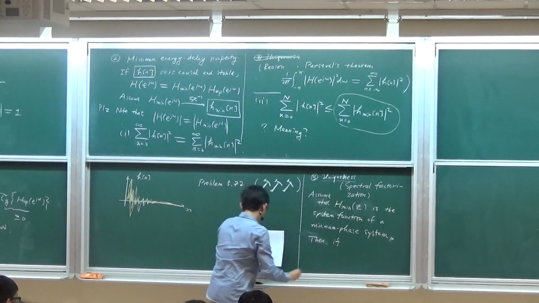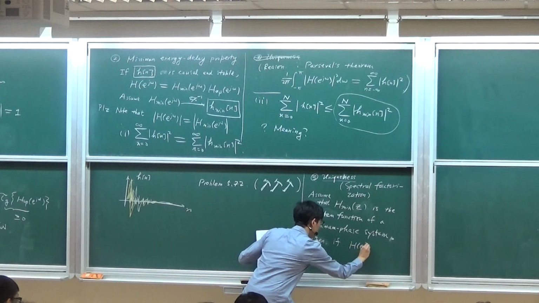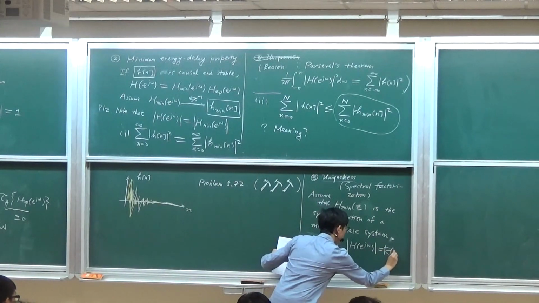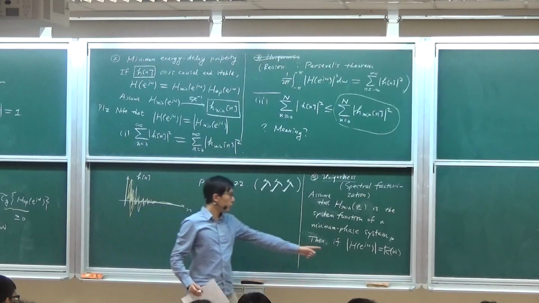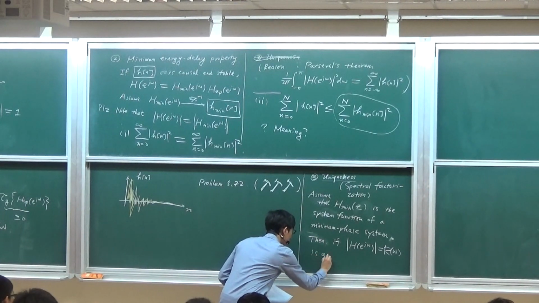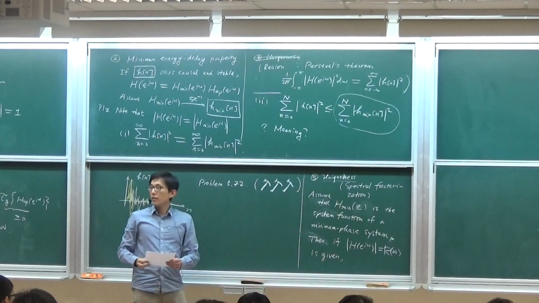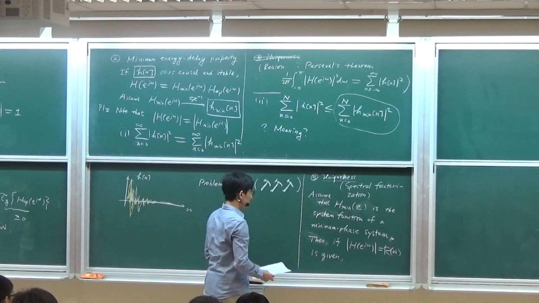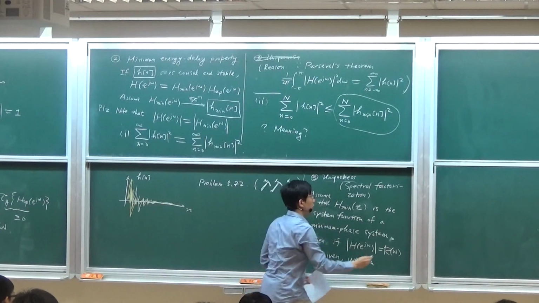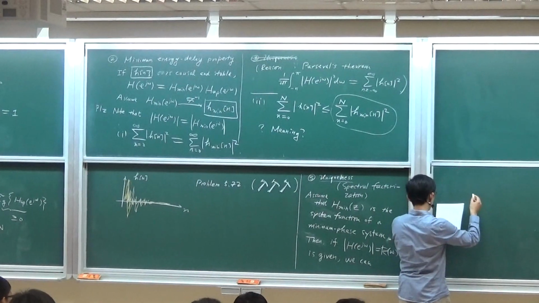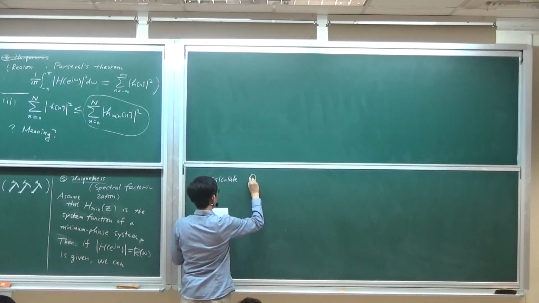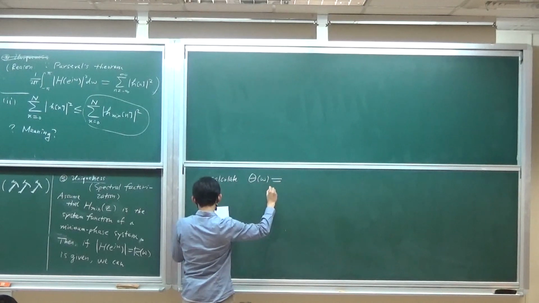Then if we know the magnitude response, let's denote the magnitude response as R of omega, then we can calculate theta of omega, which is defined as the phase response.